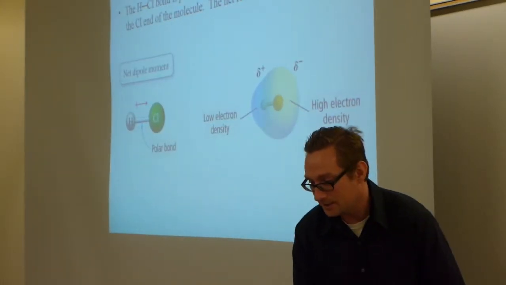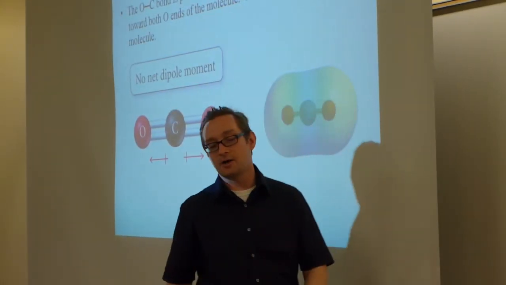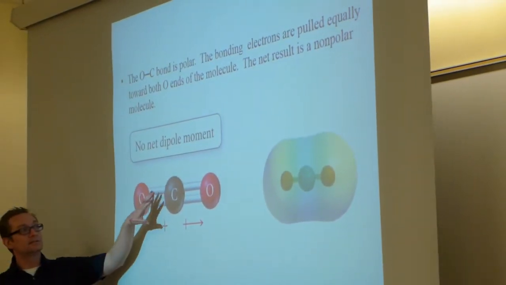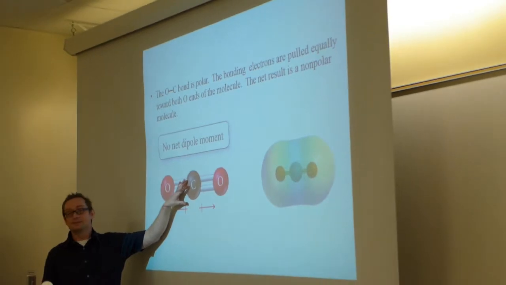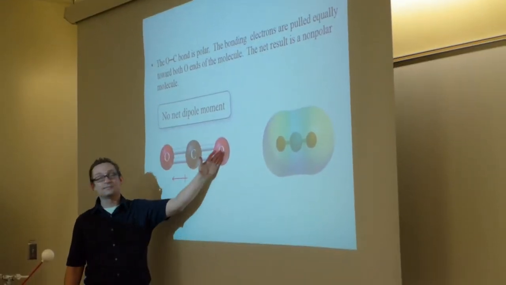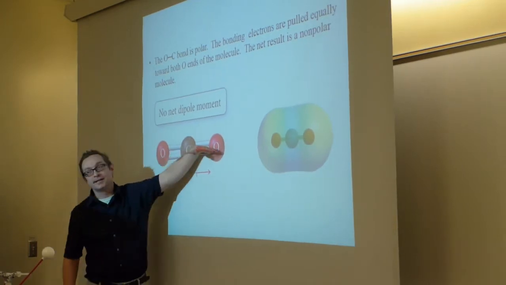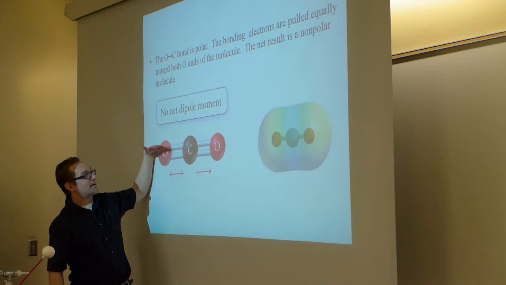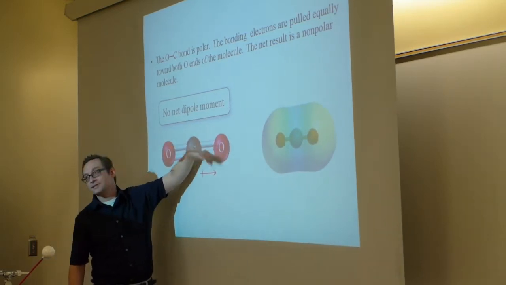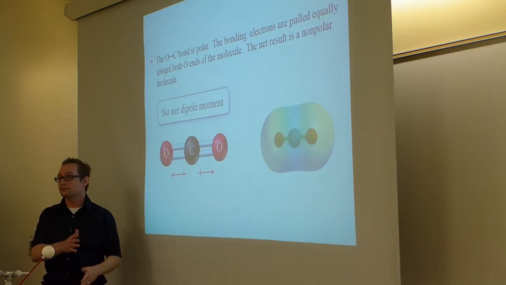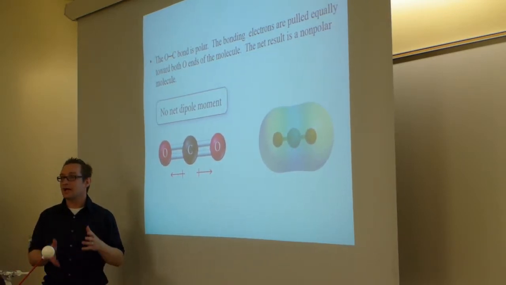What if we looked at carbon dioxide? Carbon dioxide is very symmetrical. If I cut the molecule in half, I get 2 O atoms on both sides. If I cut the molecule this way, I get half a carbon and half an oxygen on both sides. High symmetry means you can cut the molecule in a multitude of directions and still get equal halves.